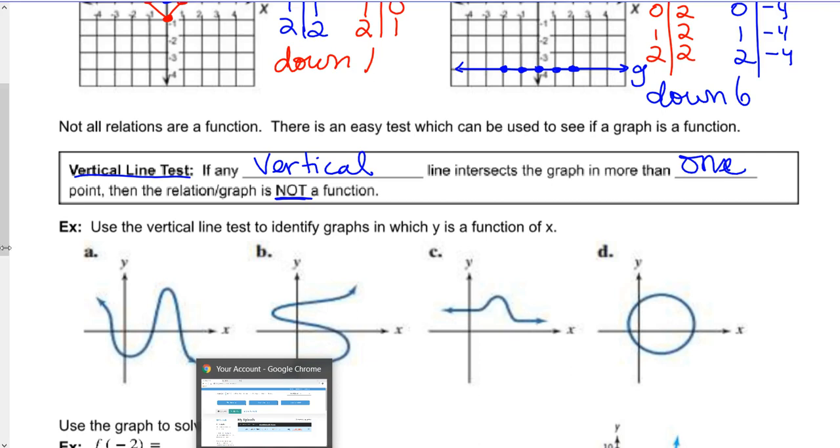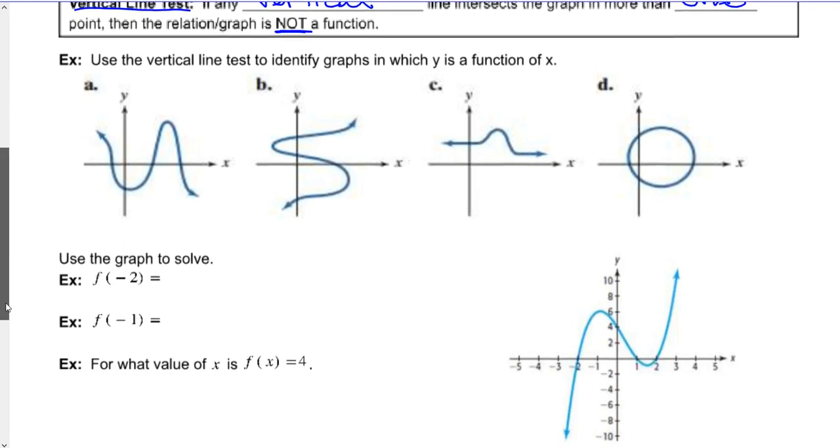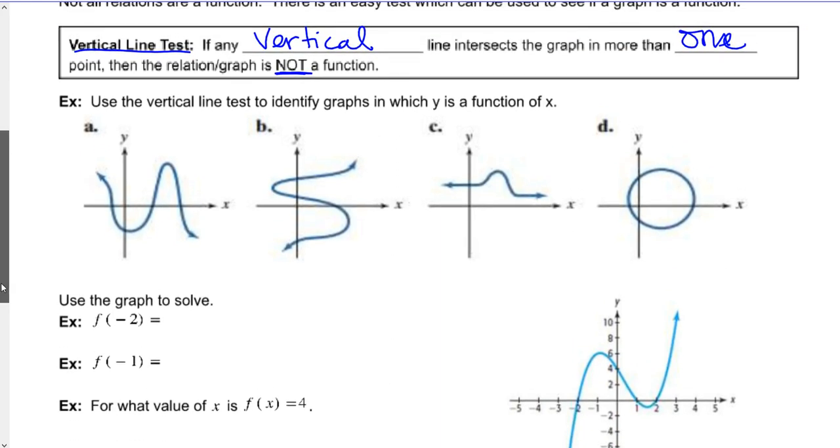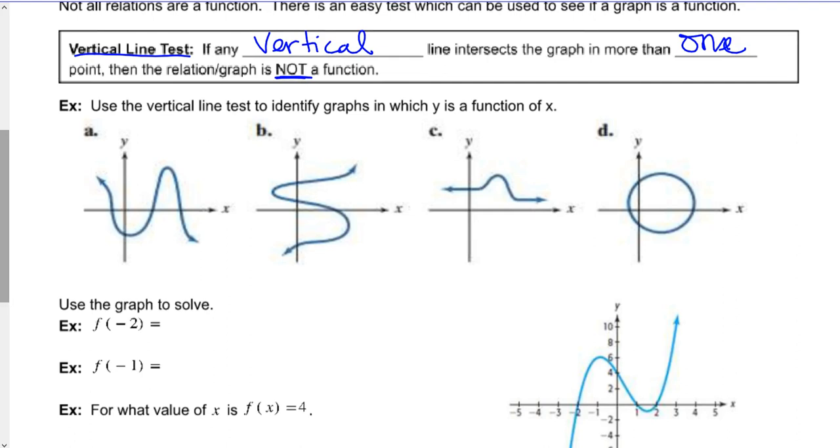So, using the vertical line test, can we determine if this graph is a function of y in terms of x? So if I check any vertical line that I would draw through that function, how many places does it intersect? 1, 1, 1, 1, 1. So yes, this would be considered a function.